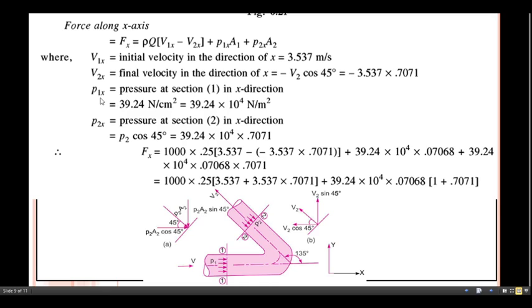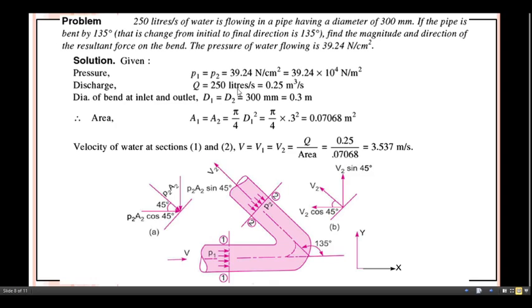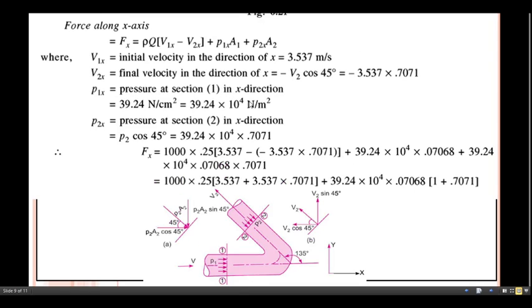Similarly, move towards the pressure term, that is P1x, equal to the pressure corresponding to section number 1 in the x direction. We already have this value, 39.24, corresponding to section number 1, and the values for pressure are the same. You can get this value here in this way. In this case P2x is nothing but the component of the pressure P2.